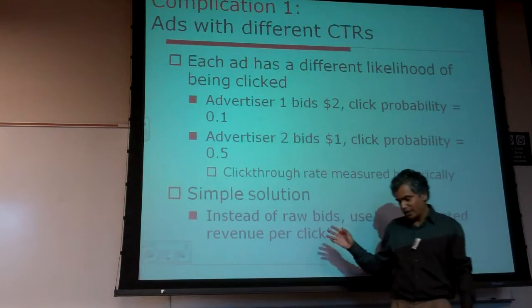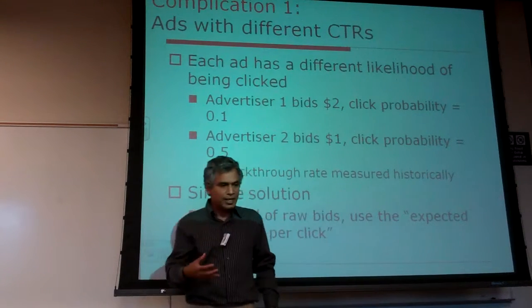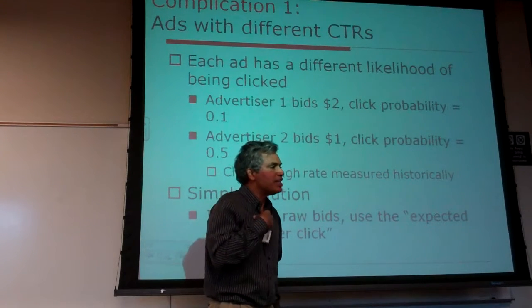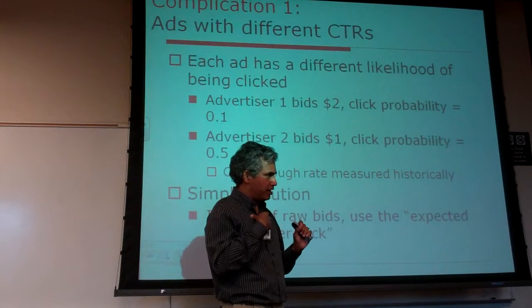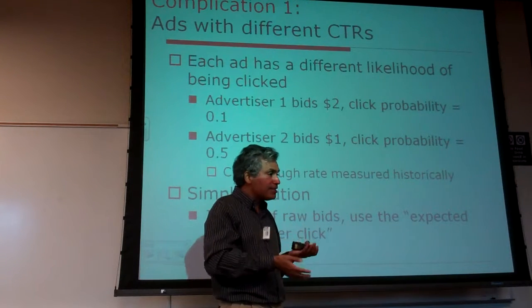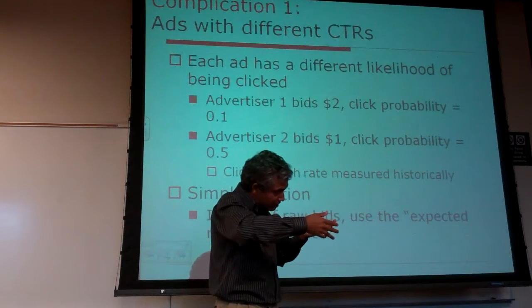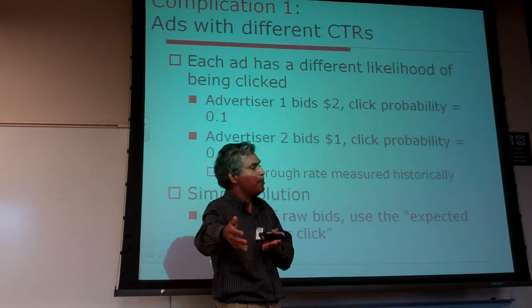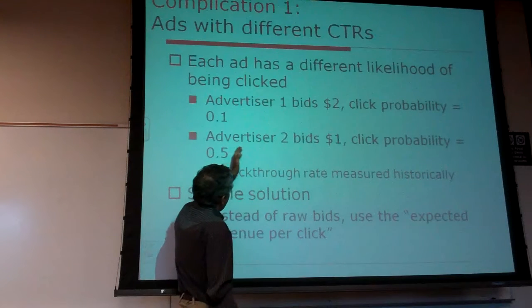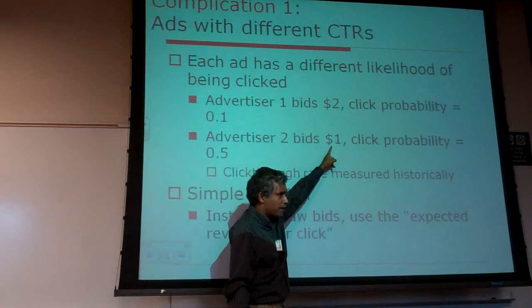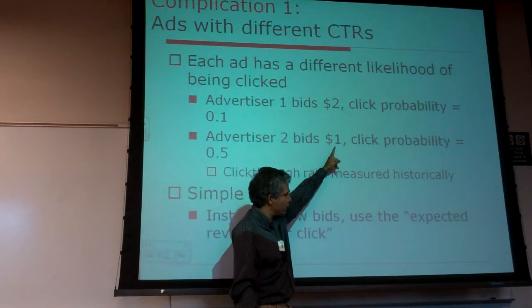What I'm saying is, when you are putting in the advertisement, you are asking yourself, how much money can I expect to get from this advertisement? And that depends on the expected number of clicks times the bid. So if the probability of click is 0.5, then each time I show it, I expect about 50 cents.